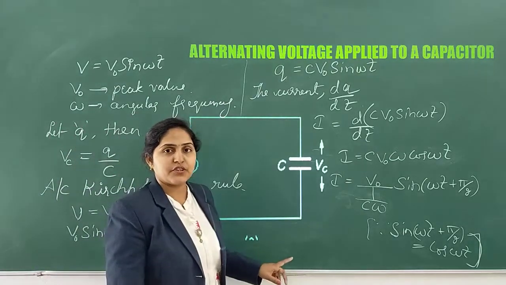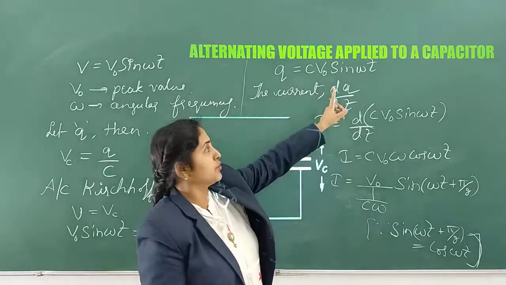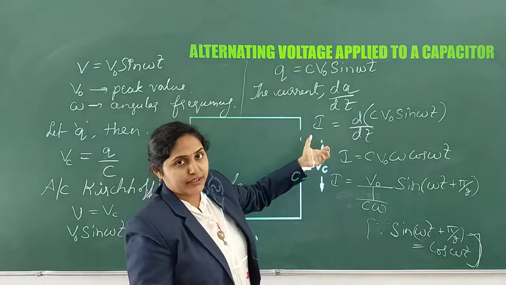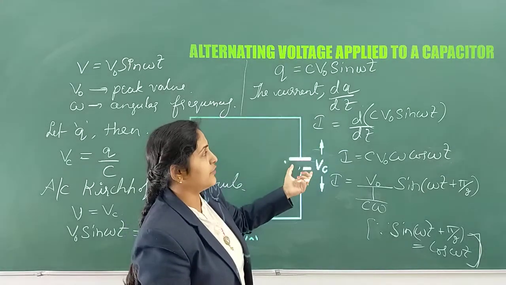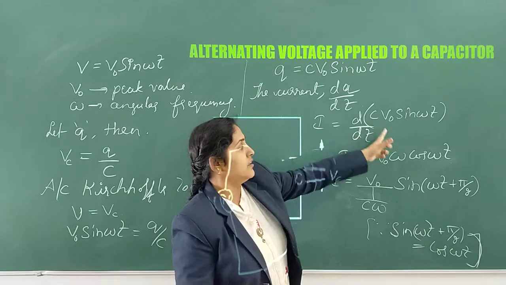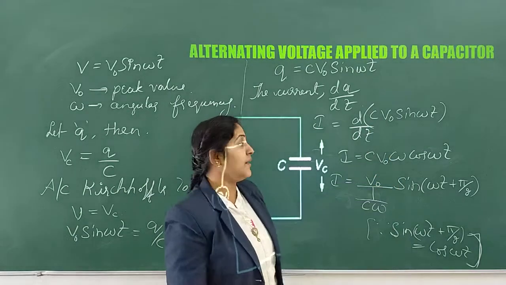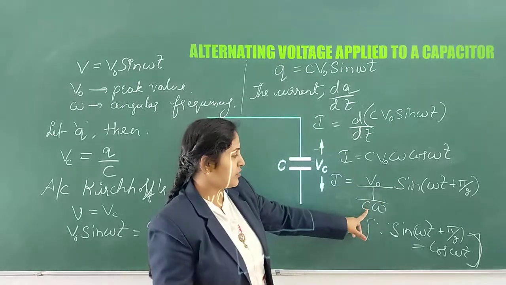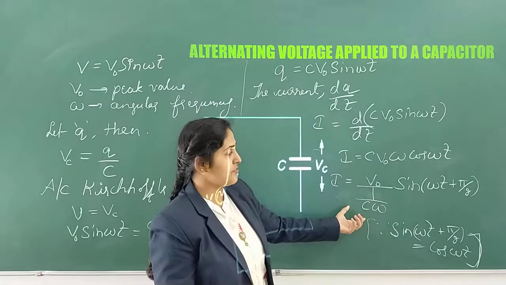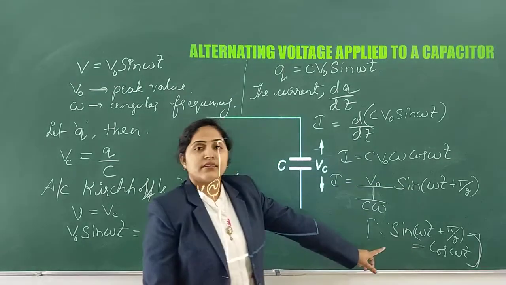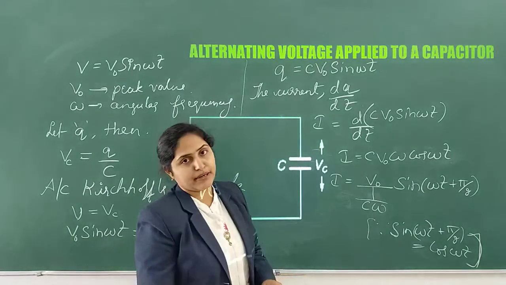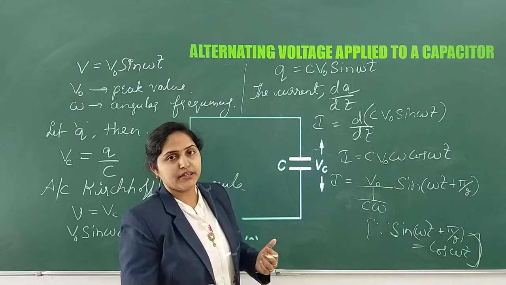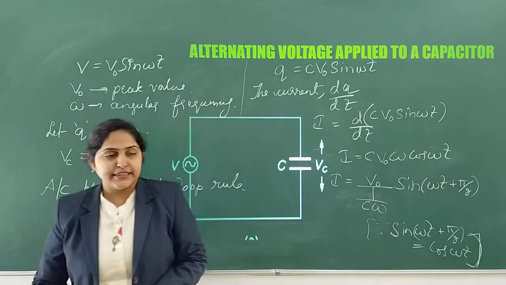Let us take this equation in terms of Q, which is equal to C V naught sin omega t. The current is dq by dt, that is differentiation of the charge equation. On differentiating, I equals C V naught omega cos omega t, and this C omega can be written as 1 by C omega, because the denominator goes to numerator. So cos omega t can be replaced by sin omega t plus pi by 2, because we know sin omega t plus 90 degree gives cos omega t.